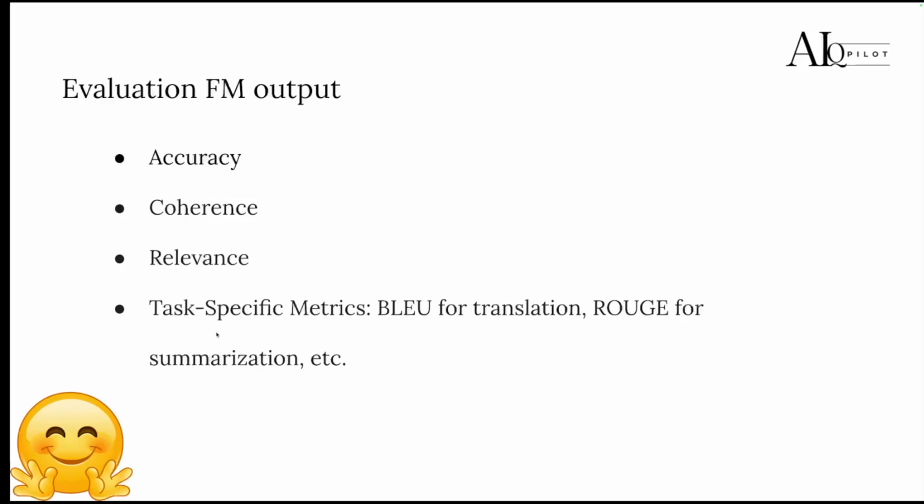If you're dealing with tasks such as translation, we have a metric named BLEU, which can be used to assess the performance of that translation task. Also, for summarization, we have similar things. So these are some specific types of metrics, which assess the generated output of the foundation model.